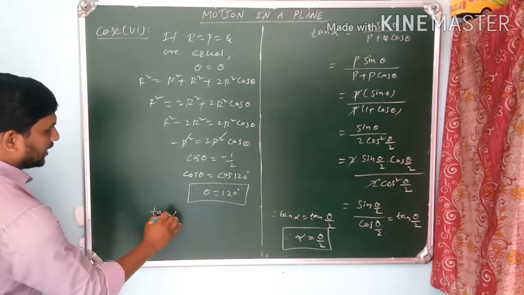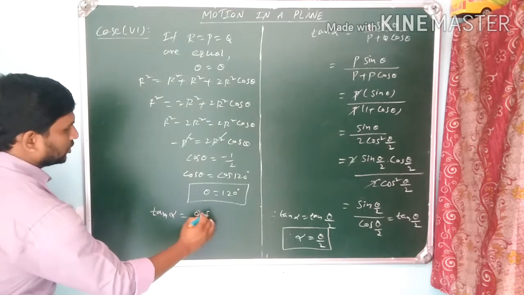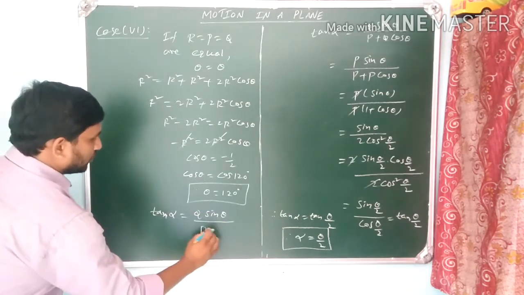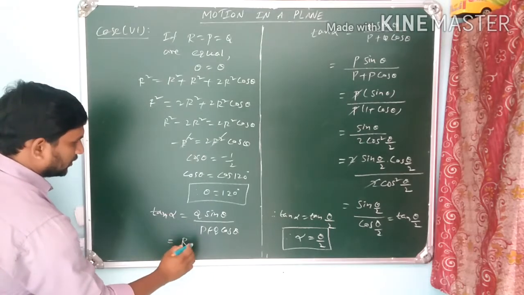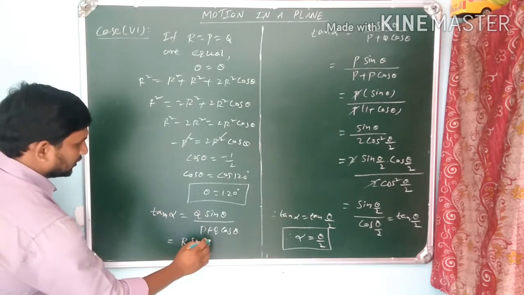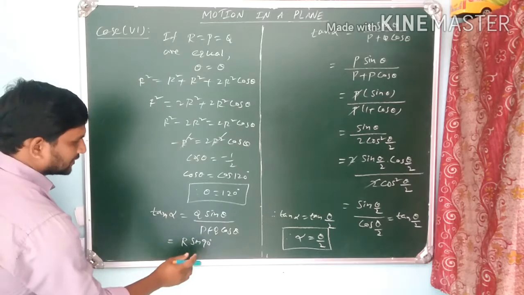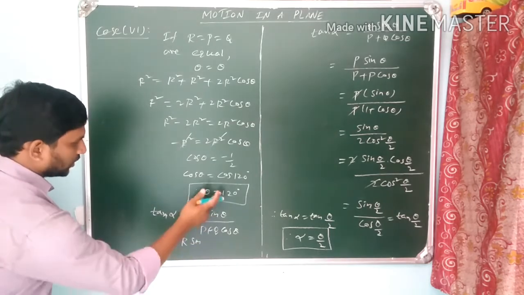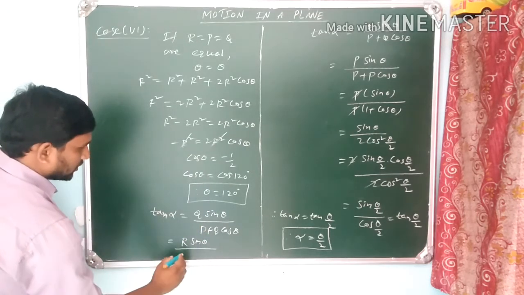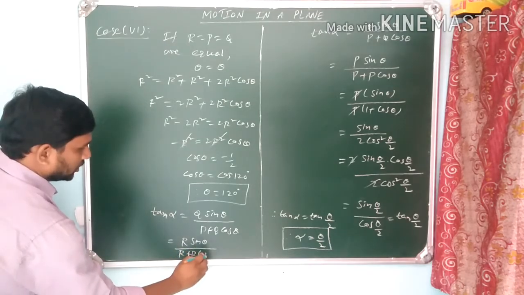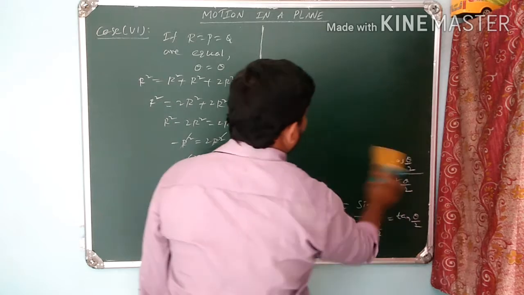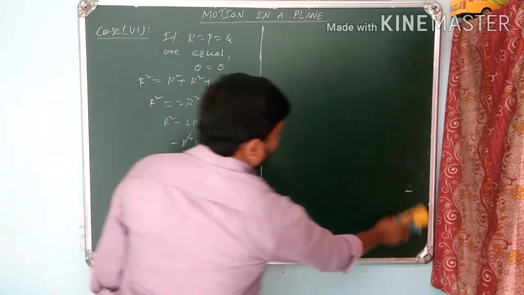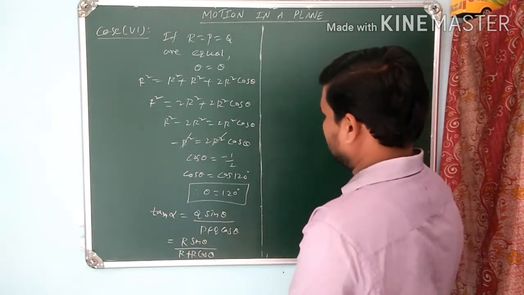Then the direction: tan alpha is equal to Q sin theta by P plus Q cos theta. In place of P and Q also we are writing R. R sin theta by R plus R cos theta. Now taking R common in numerator and denominator, it gets cancelled.